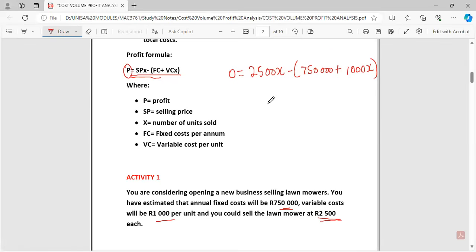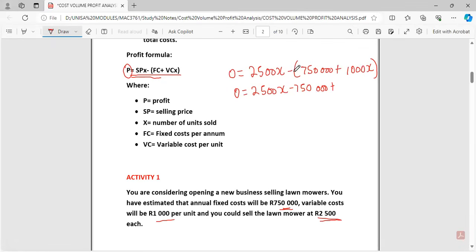So that's there. So what are we going to do? You use your high school mathematics here. So it's going to be 0 is equal to 2,500 X minus 750,000 plus, no, it's no more going to be plus.